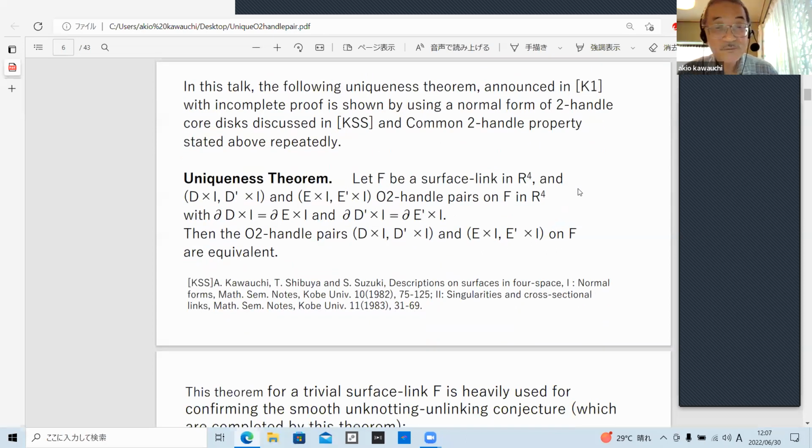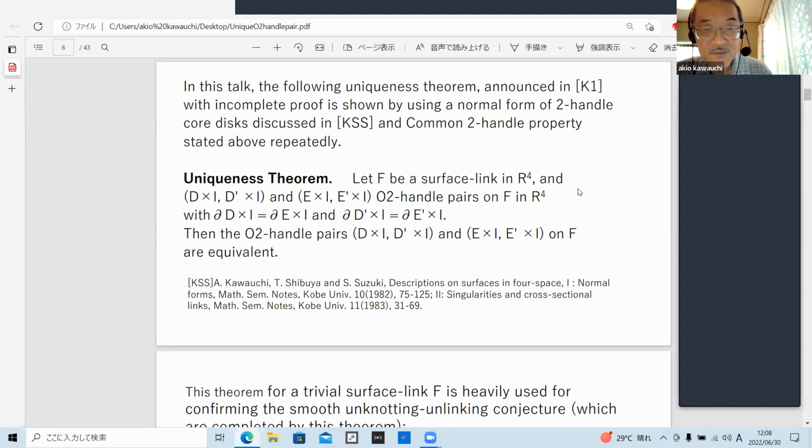But about this topic, it was somewhat incomplete, so I reproved this result. So the main topic is the uniqueness theorem.